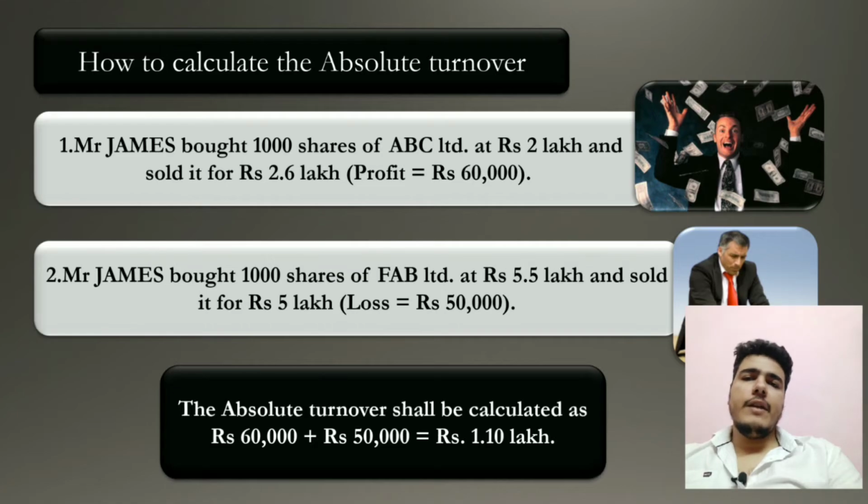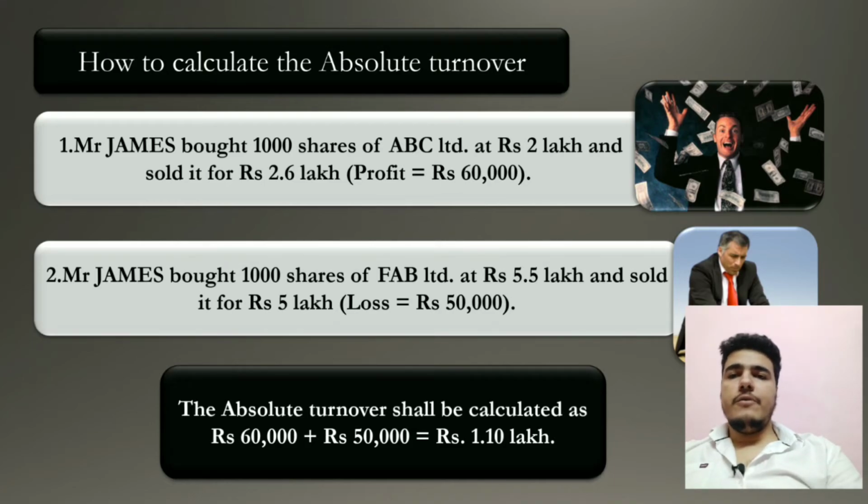What is presumptive taxation we will discuss in the next slide, but you just have to check the limit of 2 crore for opting for that. And for tax audit requirement too, you have to check this turnover. In case you have turnover of more than 1 crore, then you are liable to tax audit. Okay, so the absolute turnover will be the sum of profit and losses by ignoring the minus sign.